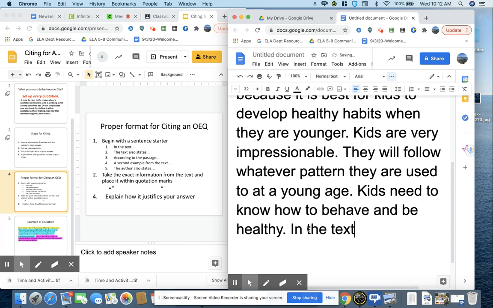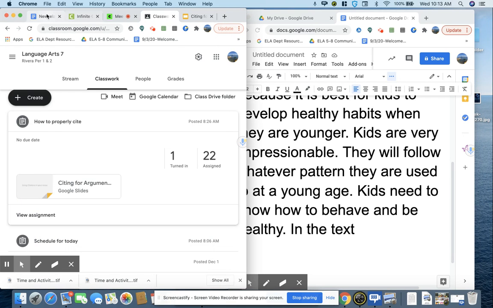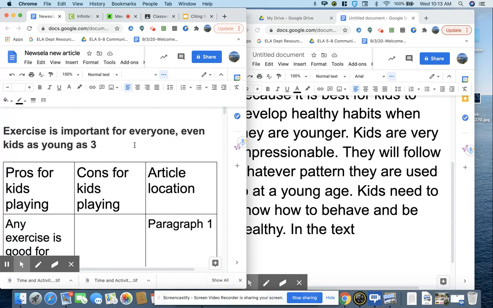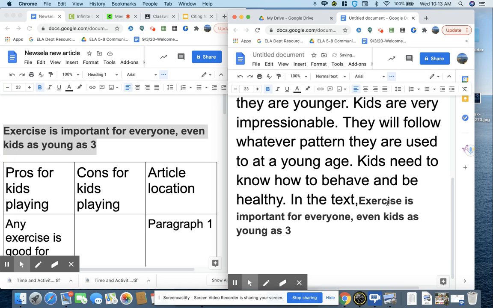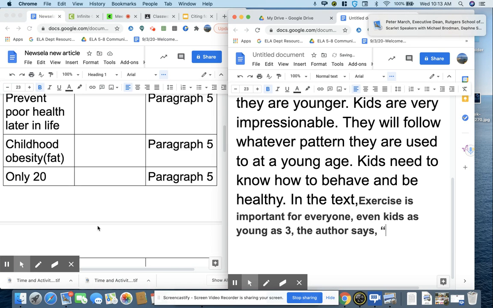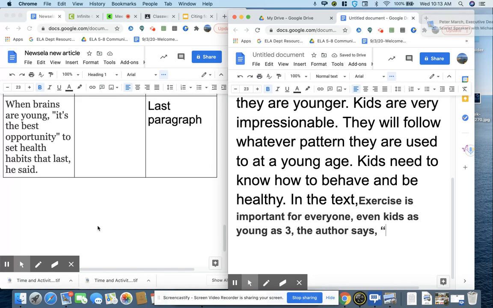I'm just going to copy and paste the article name instead of typing it. I'll change the font size later. Exercise is important for everyone, even kids as young as 3. The author says, and then I take what he says. I just copy and paste it because this is exactly what he said.